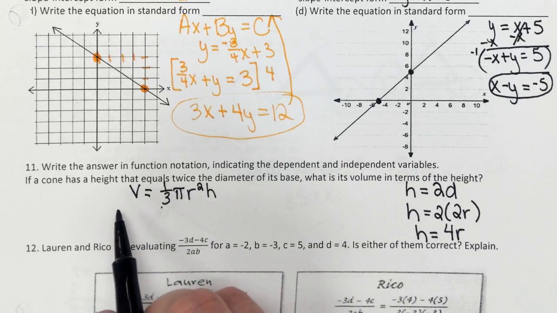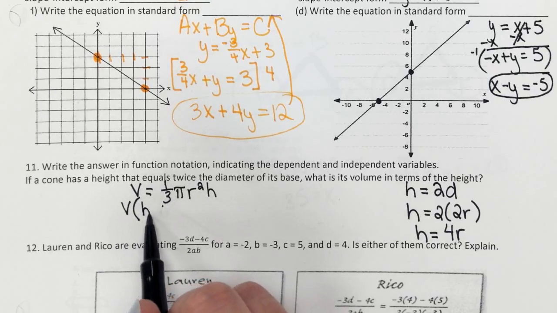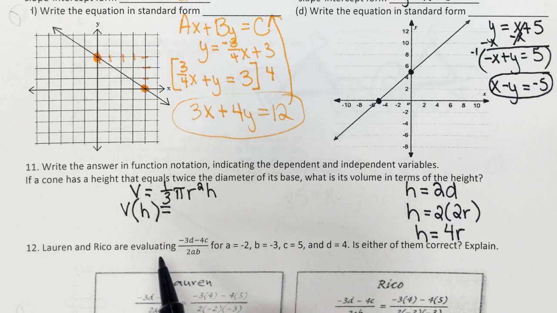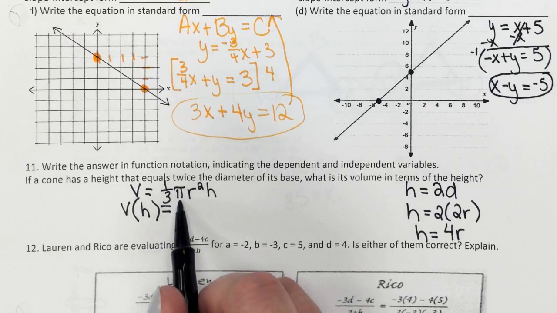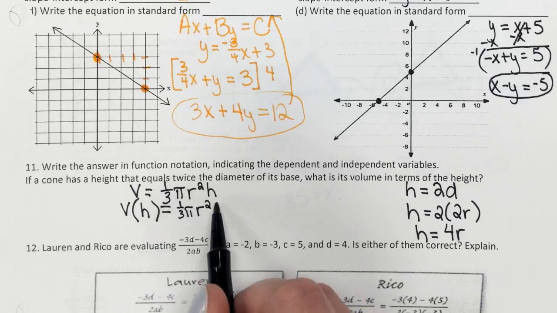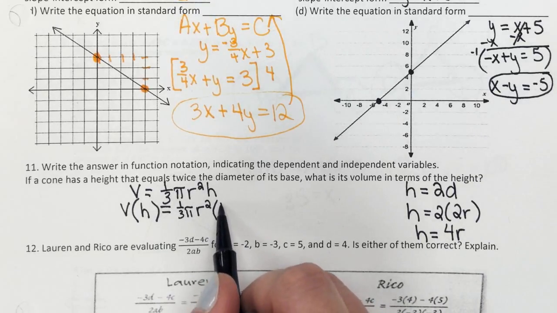So instead of H, I'm going to write 4R. Y'all okay? Now remember this one from last week? So I have 1/3 pi r squared, but I'm not going to put H. I'm going to put 4R. See? Look.